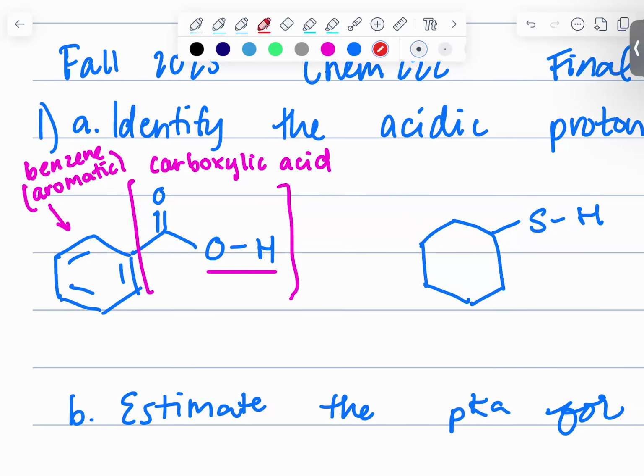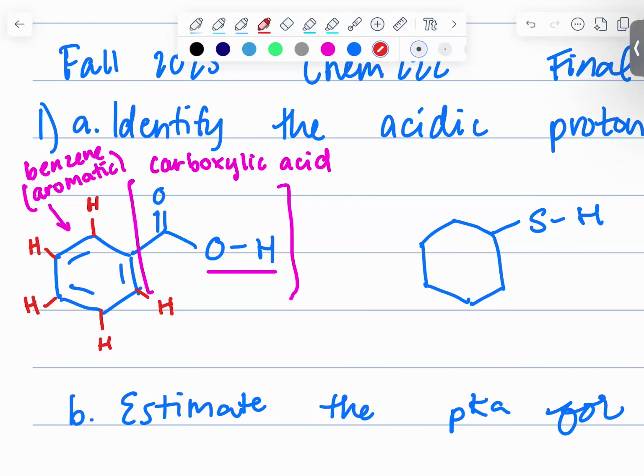So if I were to draw out all of our implied protons, how many am I missing from this structure? Five. So now we have all of our options drawn out.